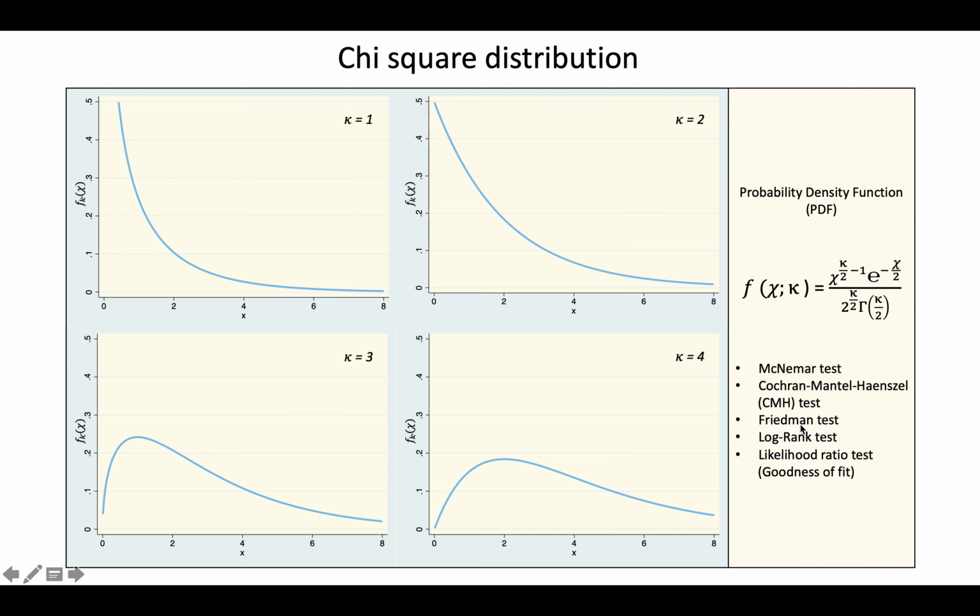And then the Friedman test, which is the non-parametric version of the repeated measures ANOVA.